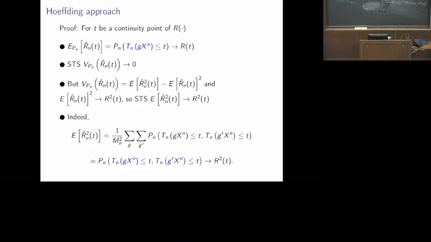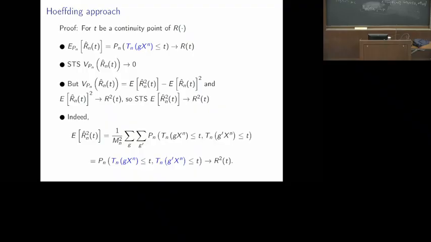We were trying to get convergence in probability of the empirical distribution function. Mean square convergence is enough. The expectation you get for free because you have your assumed weak convergence. You need to show that the variance goes to 0 for your mean square convergence. Again, the square of the expectation you get for free.